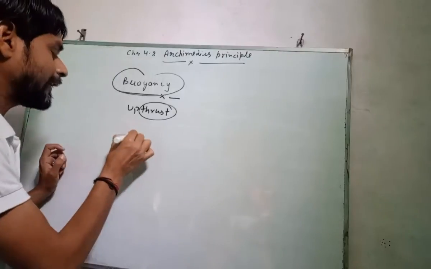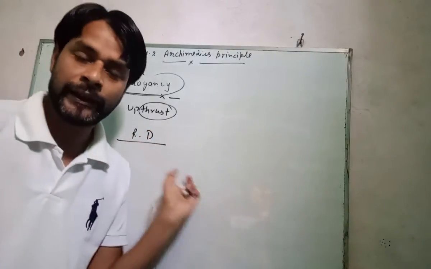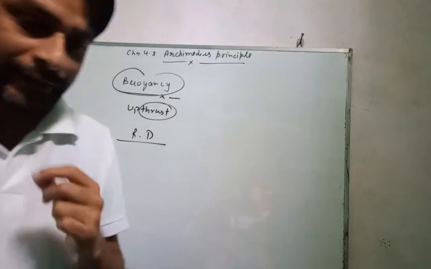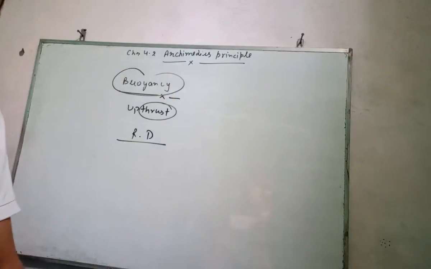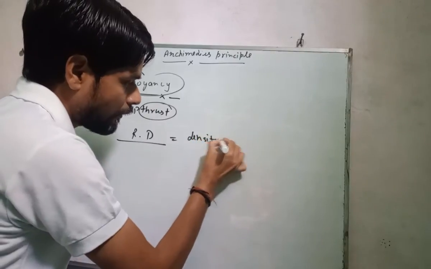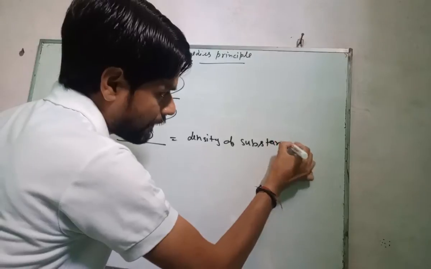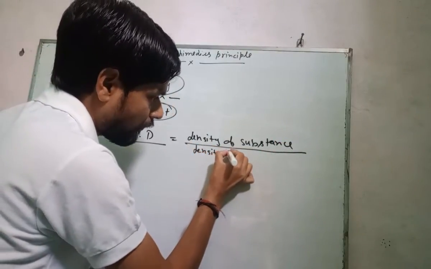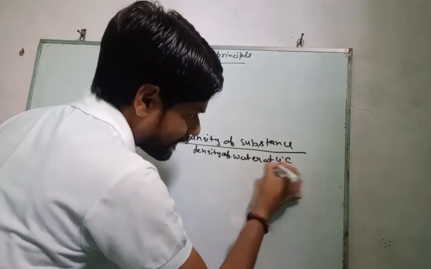The most important topic here is relative density. The relative density of a substance is the ratio of the density of the substance to the density of water at 4 degrees Celsius.